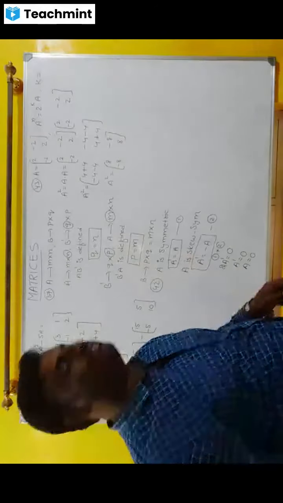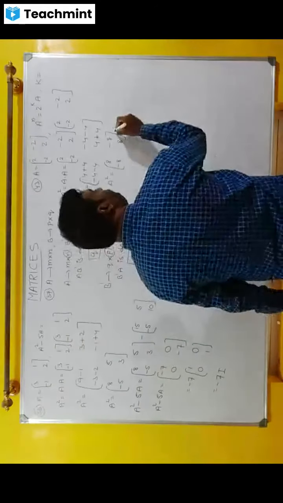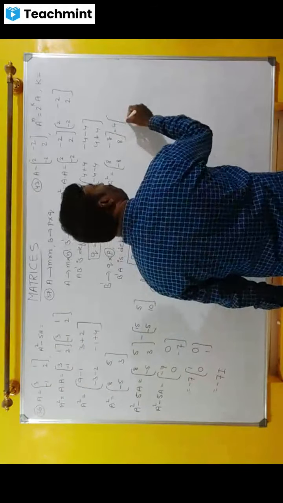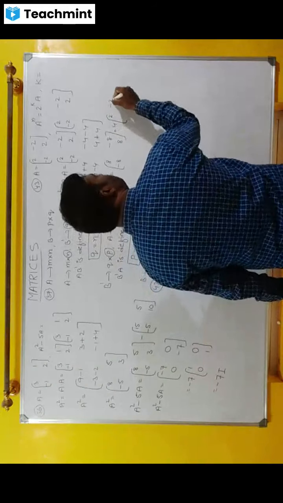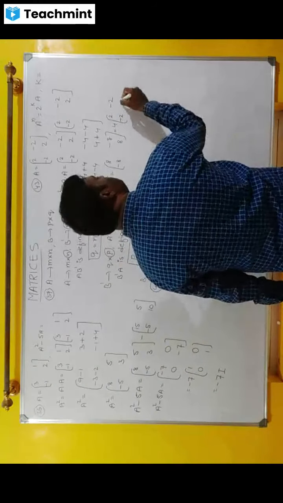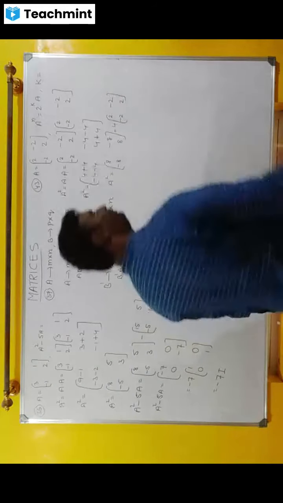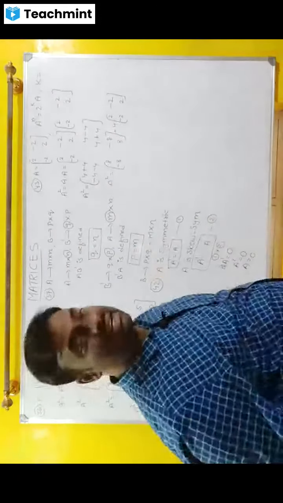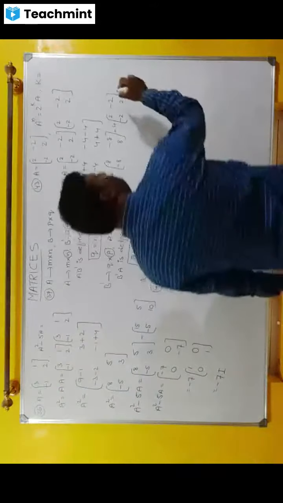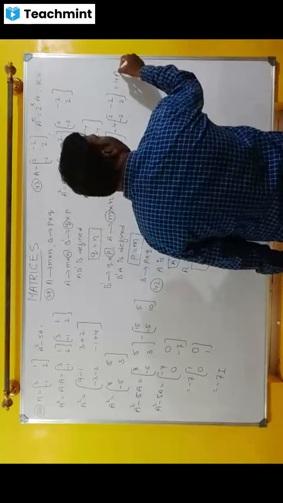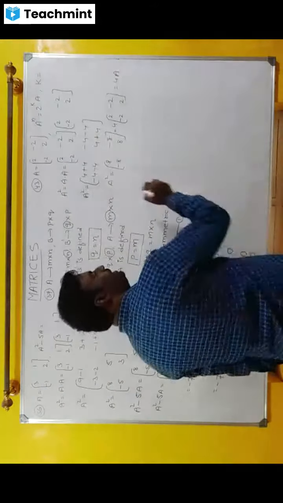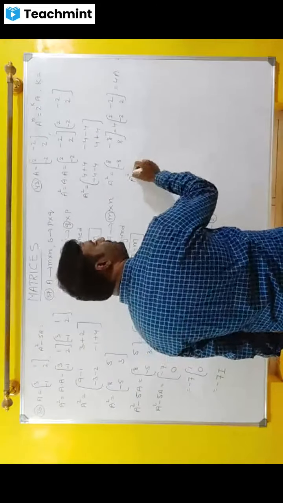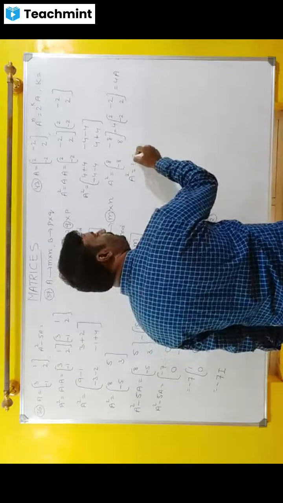In this I can take 4 common, leaving [2, -2; -2, 2], which is nothing but the A matrix. Finally we got A square is equal to 4A.